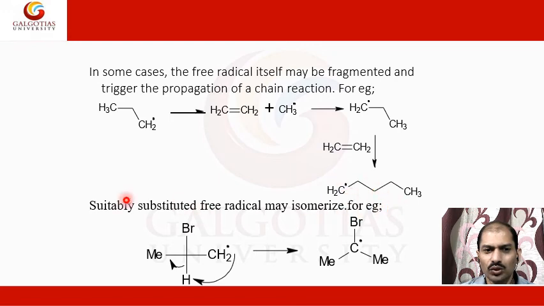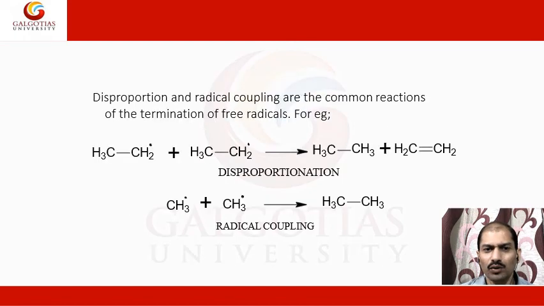A suitably substituted free radical may also isomerize. Here you can see it can take this hydrogen, a methyl group is formed, and this takes the shape of another molecule. So this kind of arrangement, if they are properly substituted, means isomerization is also possible in such species.